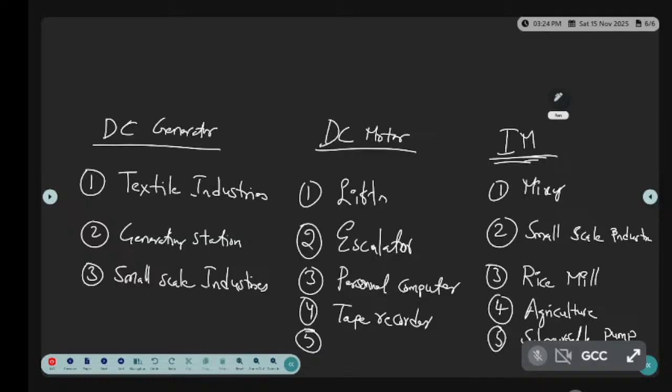Alternator is used in a generating station. Regular use generators. Everywhere, generator, alternator is in regular use as a generator. In industry.